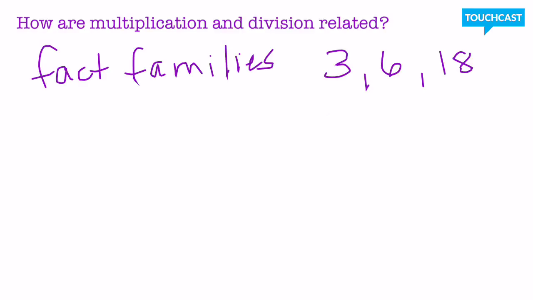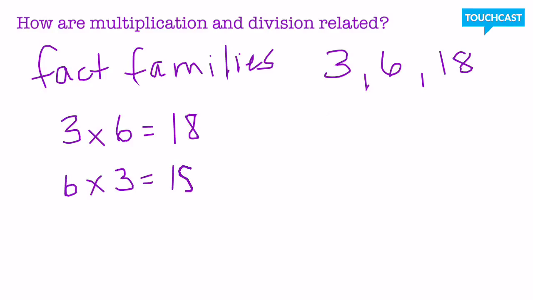So what do I know about multiplication as it relates to fact families, as it relates to the numbers 3, 6, and 18? Well, I know 3 times 6 equals 18. I also know that 6 times 3 is 18. Now, let's jump to division. 3, 6, and 18. What do I know about 3, 6, and 18 as it relates to division?